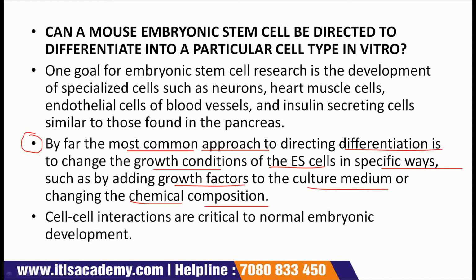During development, the visceral endoderm, or we can call it primitive endoderm, and epiblast are derived from the inner cell mass of the blastocyst.